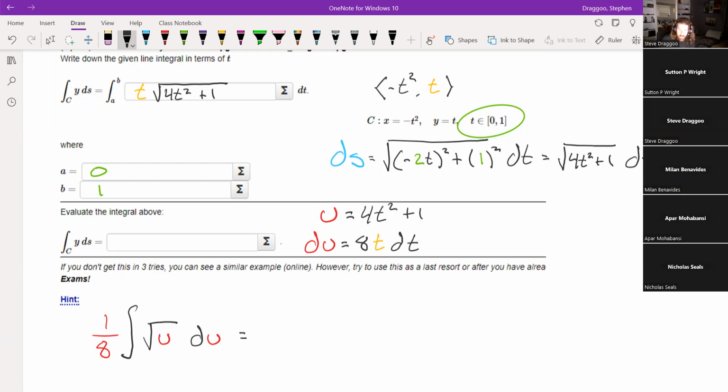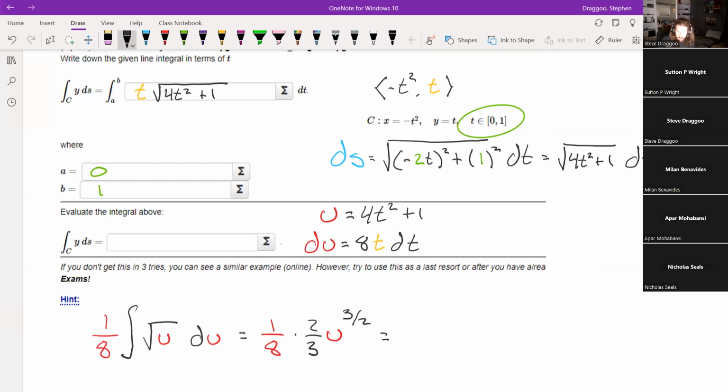That has a very nice integral. I still have this 1 over 8. But if I'm integrating u to the 1/2, all I need is the power rule. It is u to the 3/2 divided by 3/2, which is the same as multiplying by 2/3.